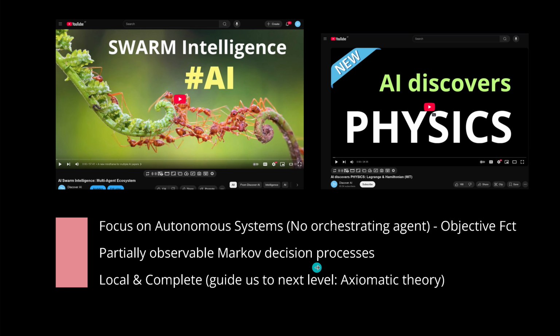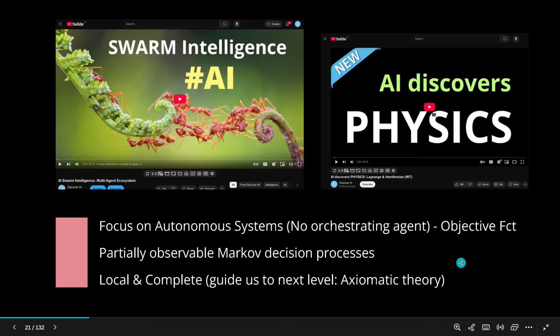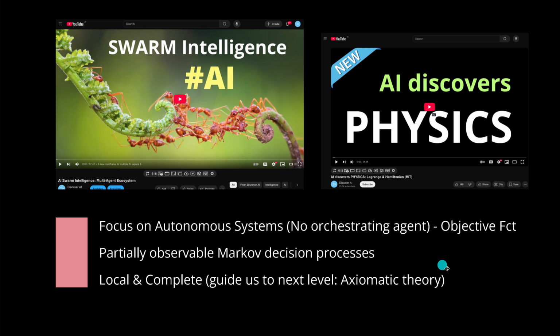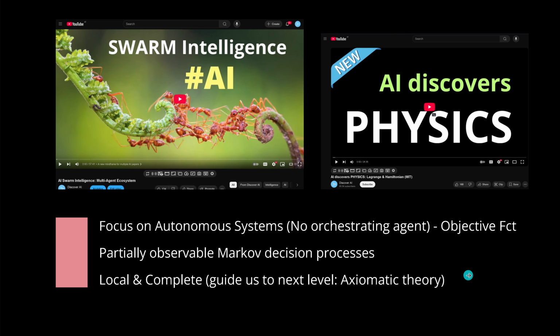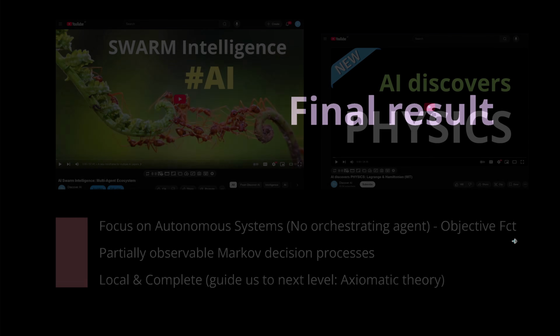We go to the next level in the AI system, and we want to build, therefore, an axiomatic theory. And those are the three elements. We don't want anything else, maybe a little bit of complexity theory, maybe a little bit of functional graph theory, maybe a little bit of theoretical physics, and a little bit of mathematics, but this is it. And I will show you the final result. You should see what comes out today. So let's have a look.